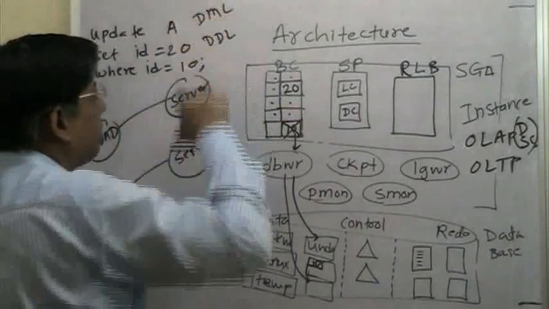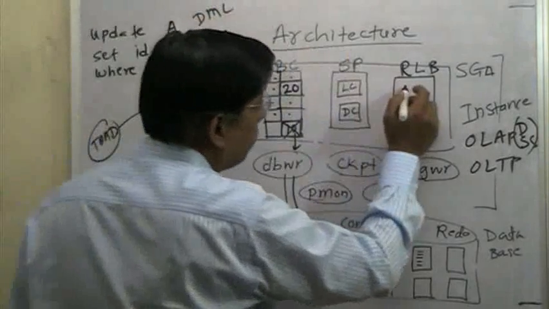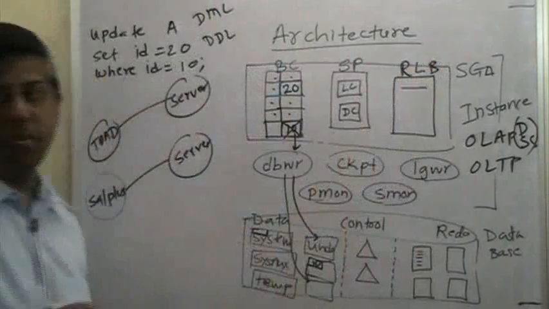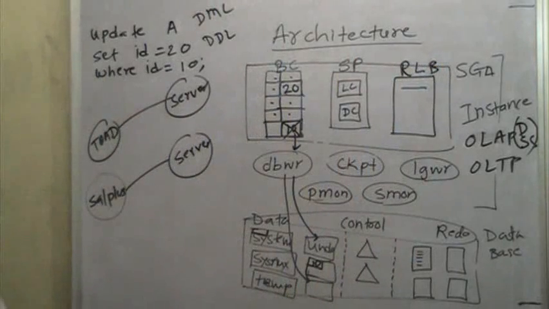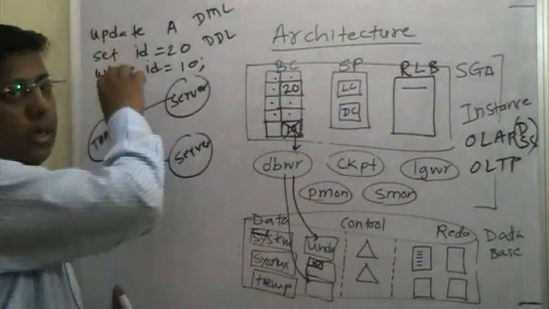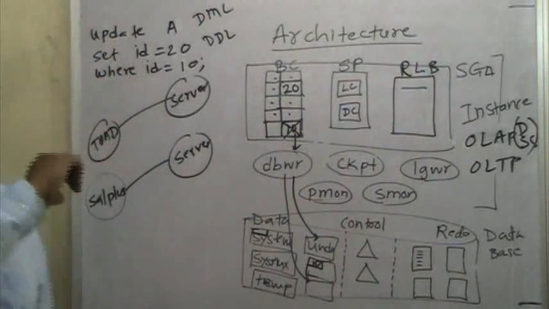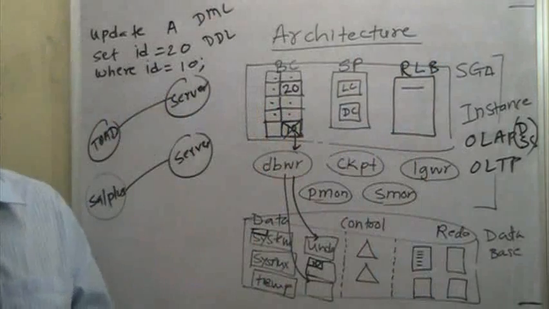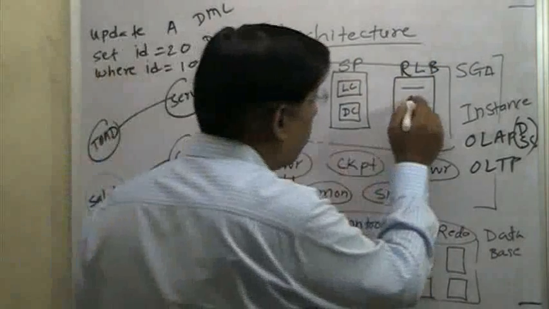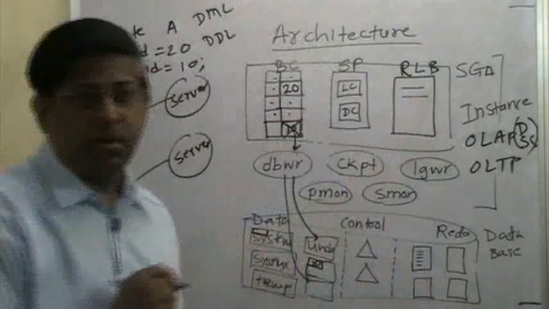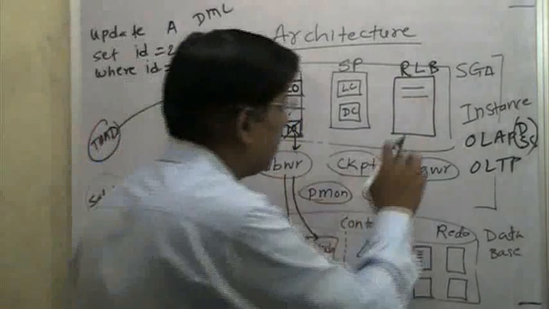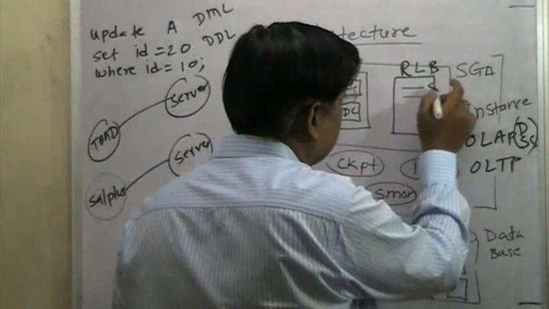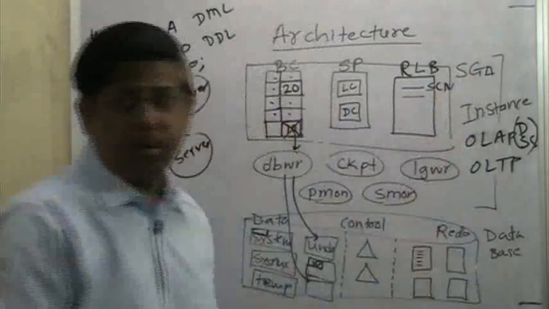Any of these statements are written to what is called the redo log buffer. This is the area inside the memory where the update, the insert, the delete, the create, the drop are written, along with certain other information, such as what time that was. Basically, I should say the SCN number. We saw yesterday that the SCN number is kind of a timestamp.